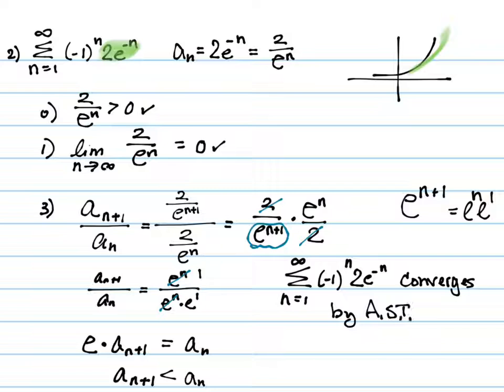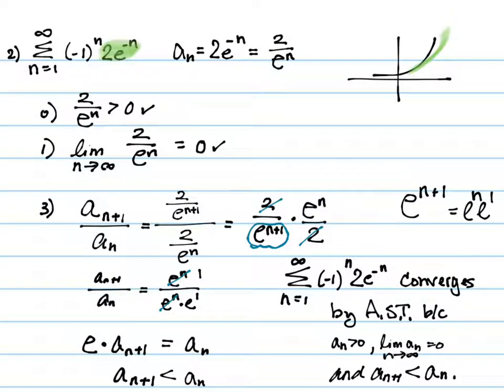I'll abbreviate; you can too if you'd like. Because those conditions were met: a sub n is greater than 0, the limit of a sub n as n goes to infinity is equal to 0, and a sub n plus 1 is less than a sub n. That's our conclusion.